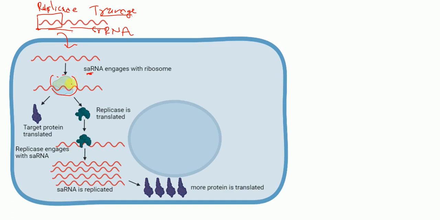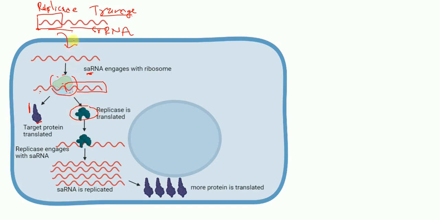After the engagement with the ribosome, because it has sequences for both the replicase machinery and our gene of interest, our target protein will be translated from this part, and from the remaining part, the replicase protein is translated.